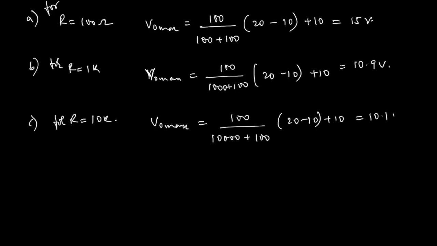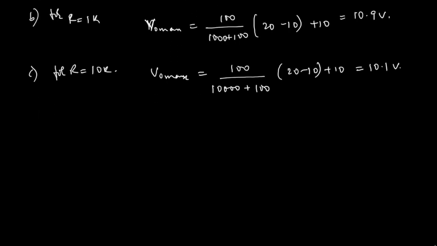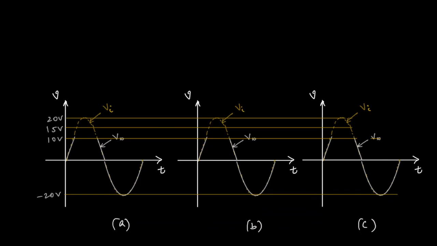So this comes out to be 10.1 volt. And we know that when D is off, V naught is equal to Vi. We already saw this. And for all the three cases, V naught min is the same as Vi min, which is minus 20.